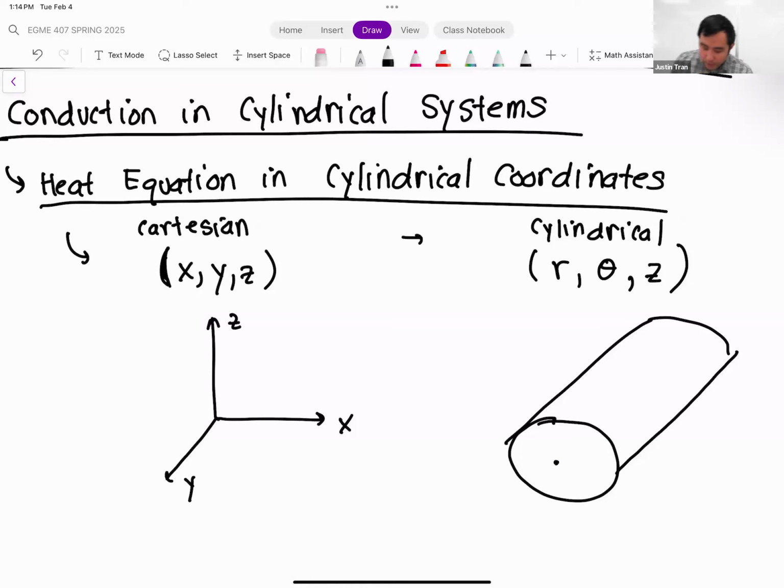If I were to draw the axes, the R direction goes something like that, the theta direction goes around like that, and the Z direction is the only one that stays linear. The Z direction we describe as going down the barrel of the cylinder.